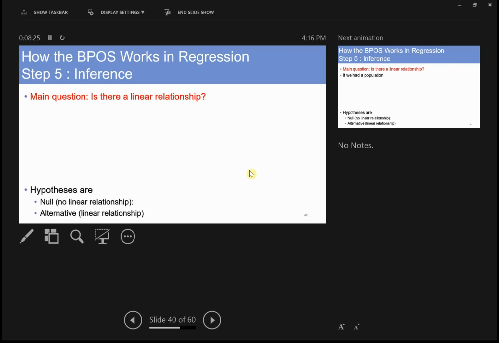Now I want to recast these two hypotheses in terms of a test on a parameter. So how do we do that? Here's the idea. If the null is true, there is no linear relation, and the scatter plot must look something like this. There's no trend, it's just like a cloud. So let me ask you a question.